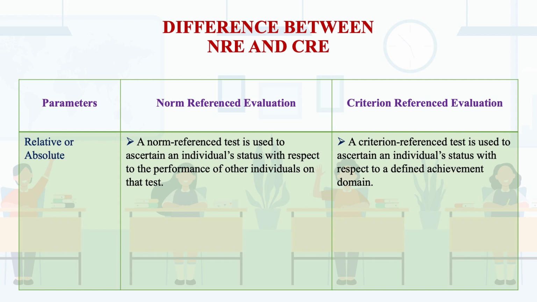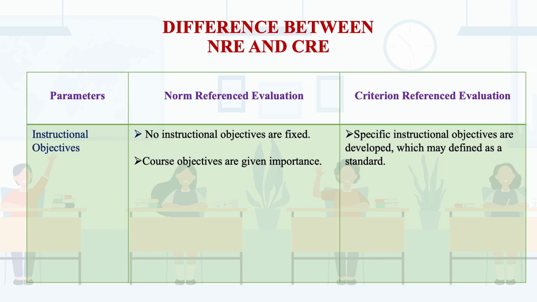Further, so far as the parameter of instructional objective is concerned, we can say that no instructional objectives are fixed in norm referenced evaluation. Course or program objectives are given importance, because it is concerned with a subject, with the entire content of a course. But in criterion referenced evaluation, instructional objectives are developed which may be defined as a standard.